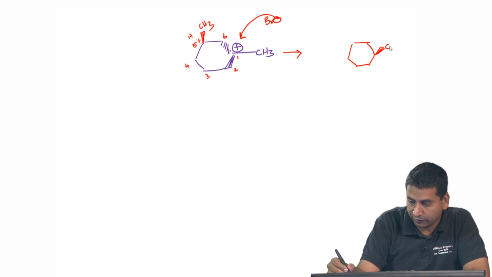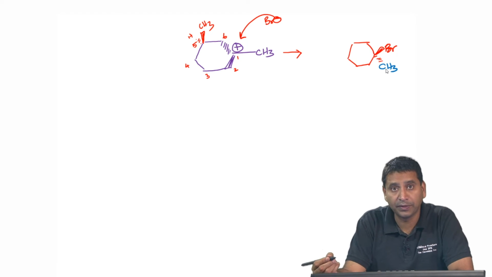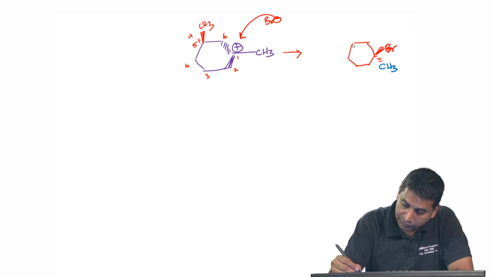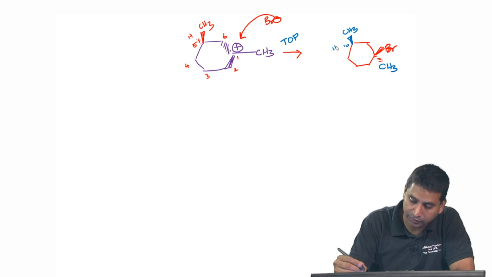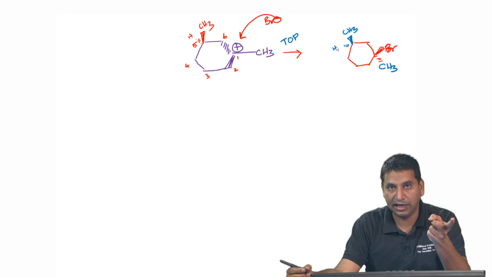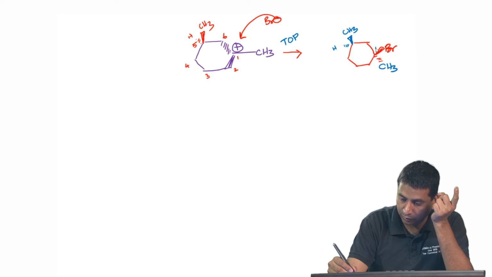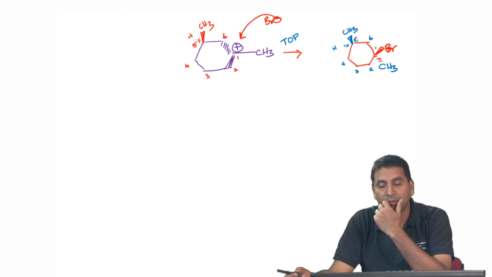Br is attacking from the top, the CH3 is over here, and as discussed, the other CH3 is over here. So, I will write top. Now, again keep in mind I am going to make sure that the numbering is the same. So, I will follow the same numbering 1, 2, 3, 4, 5 and 6. Okay. So, this seems to be all right so far.